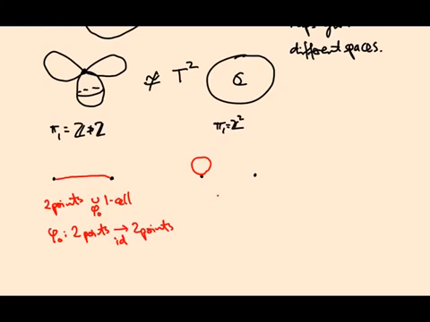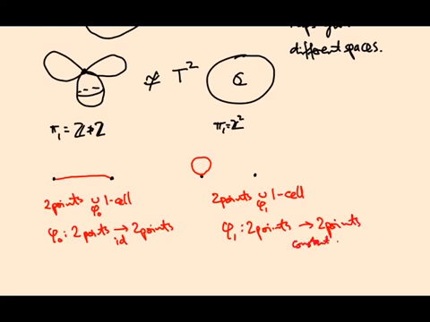Whereas this one over here is 2 points union a 1-cell along some attaching map phi 1, and phi 1 goes from the boundary of the 1-cell, 2 points, to 2 points via a constant map. Right, you can see in this case you get the interval, in this case you get a circle and a point, so they're not homotopy equivalent because this one's disconnected, for example.